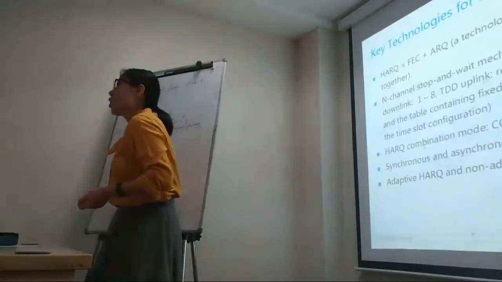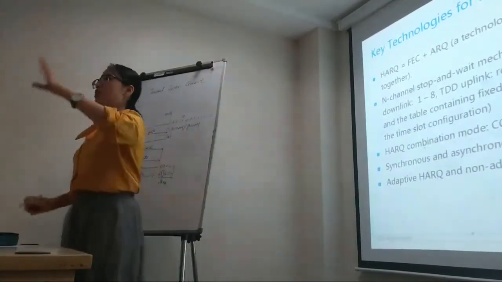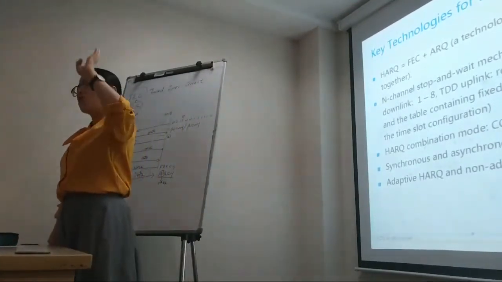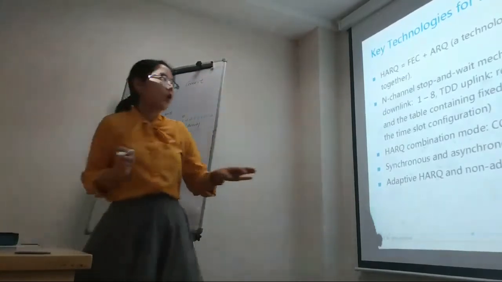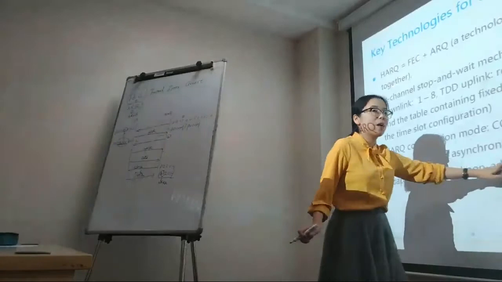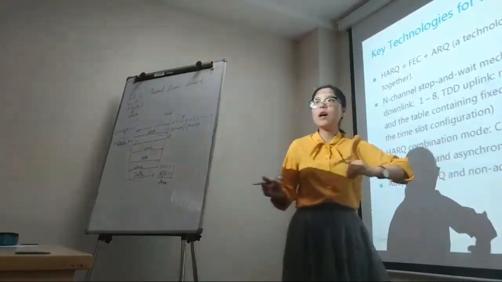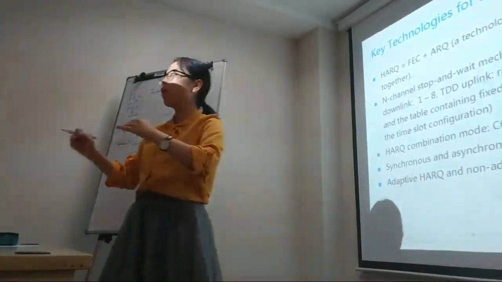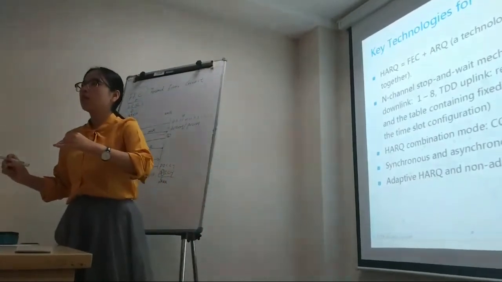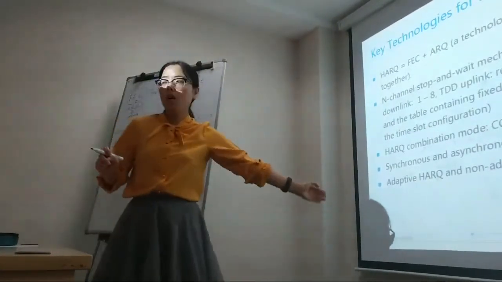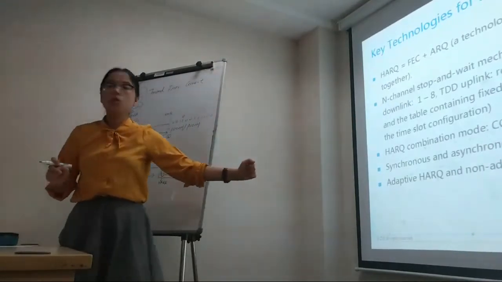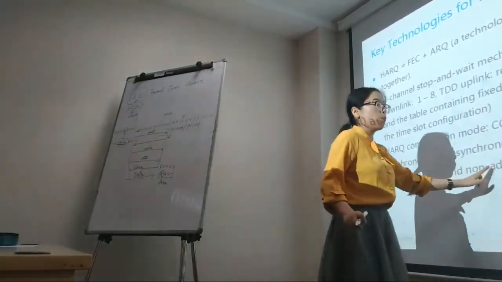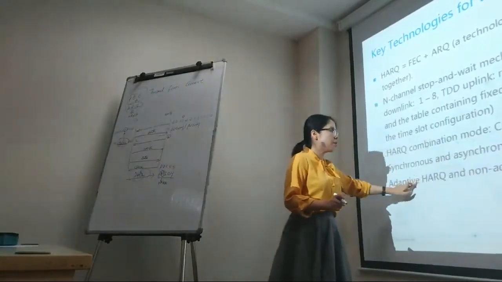If the retransmitted data uses the same frequency, the same MCS, all of the parameters are the same, we say it's non-adaptive. It will not adapt to the channel quality, to adjust the MCS or the frequency domain. So this is non-adaptive. Another is adaptive.